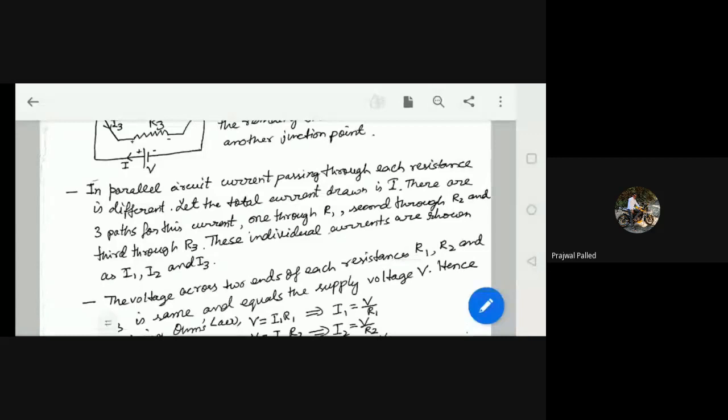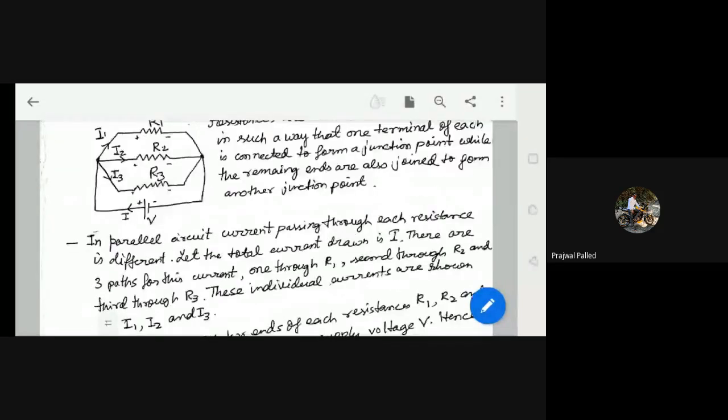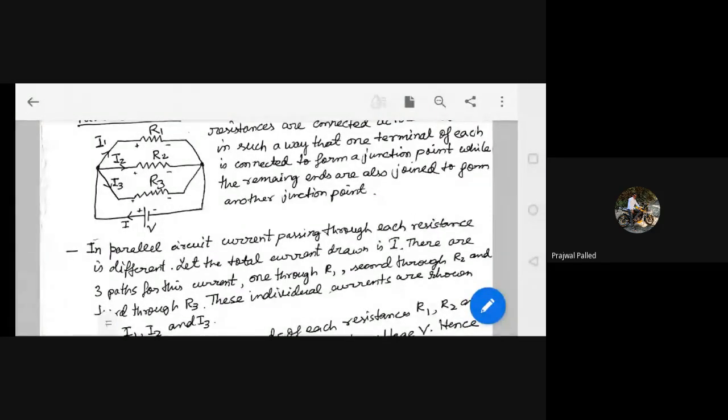I1 flows through R1, the second through R2, and the third through R3. These are the individual currents shown.